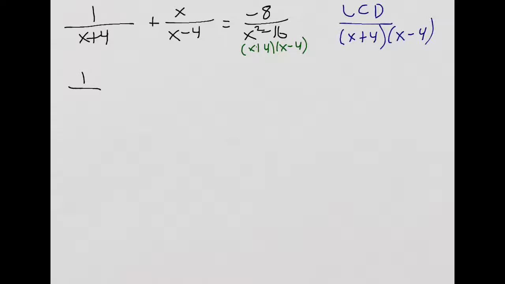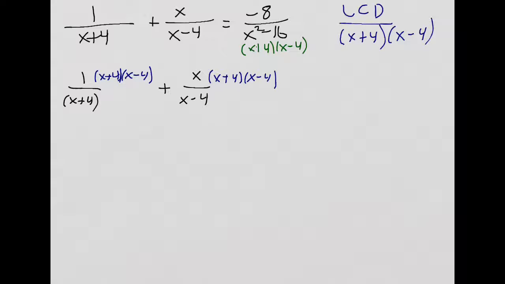Now I'm just going to write everything out. We have 1 over x plus 4 here. That's the first fraction. We're going to multiply it by the LCD, x plus 4 times x minus 4. We have our second term, which is x over x minus 4. Once again, we're going to multiply that by the LCD.